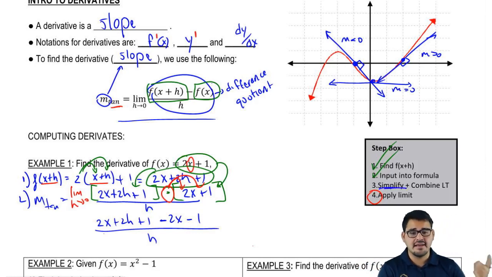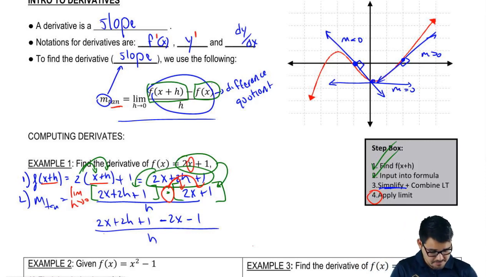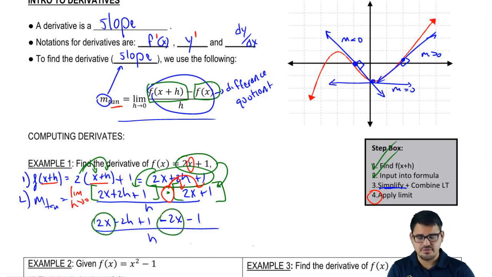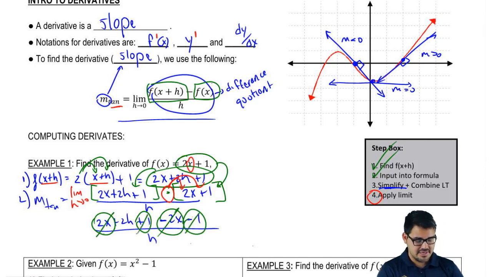I go to the top of the fraction, and here I have 2x and minus 2x. Those are going to combine, and they're actually going to cancel. And then here we have plus 1 and minus 1, so those two are going to cancel.